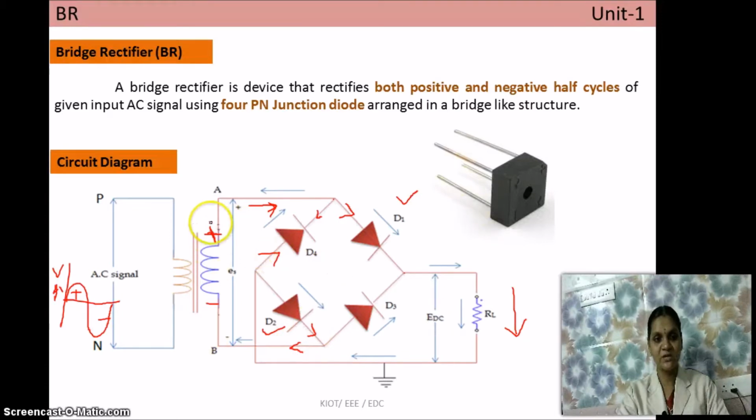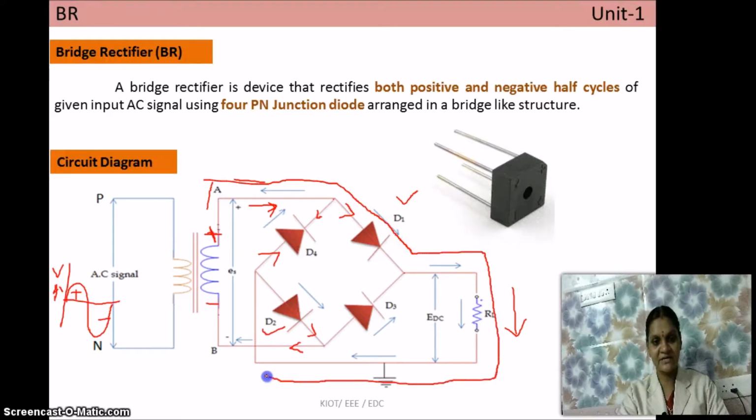The current starts from here, takes this diode path, flows through this resistance, comes here and takes the diode path D2, and the circuit closes this way. This is the direction of current flow during the positive half cycle.